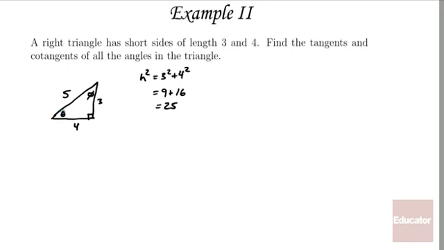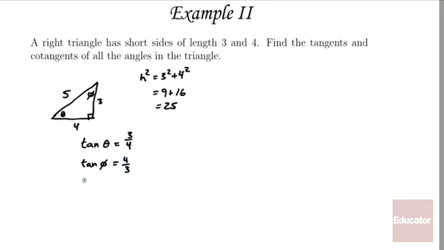So let me figure out, first of all, the tangents of all the angles in the triangle. And we're going to use SOHCAHTOA. Remember, tangent equals opposite over adjacent. So the tangent of theta is the opposite over the adjacent, which is 3 over 4. The tangent of phi is the opposite side of phi, which is 4 over 3.